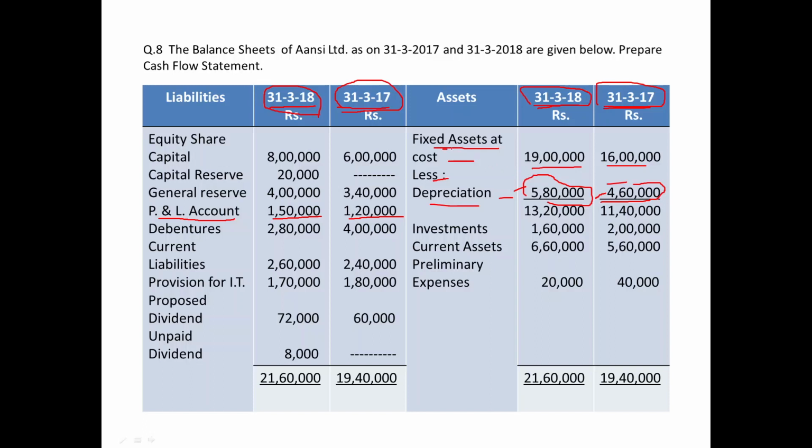See the word fixed assets at cost. It means fixed assets have been shown at its cost price over here. Recall the depreciation fund system. The very first characteristic of that system was that under the depreciation fund system, fixed assets are always shown at their original cost.